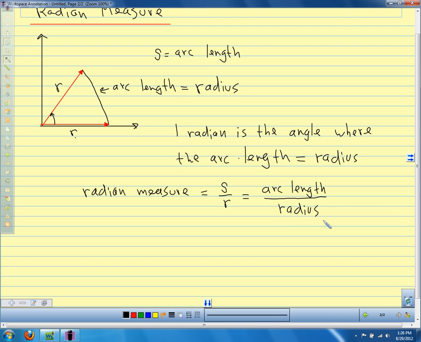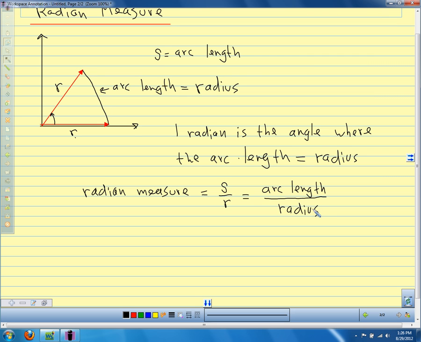Radians is just another way of measuring an angle. That's how we tell how many radians we've rotated our angle through, by dividing the arc length that's made by the radius.